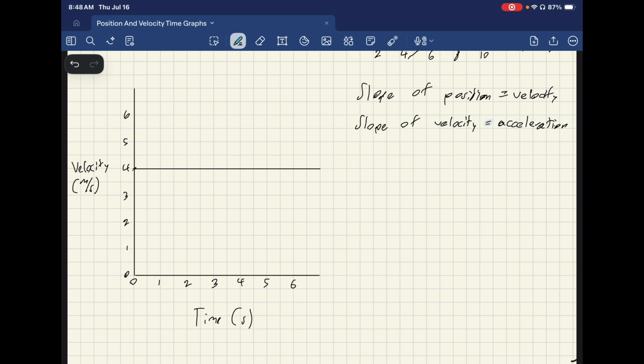So in this case, we have a velocity, so a speed of some sort, 4 meters per second. But even though we have speed, we do not have any acceleration.